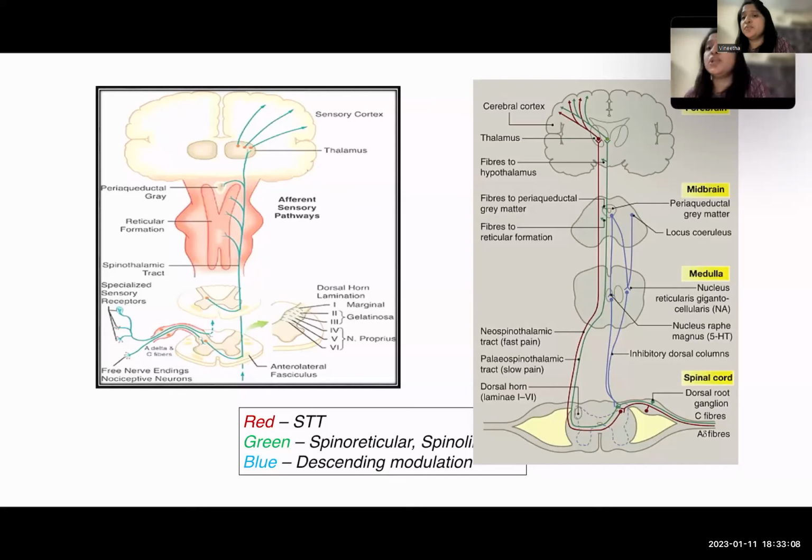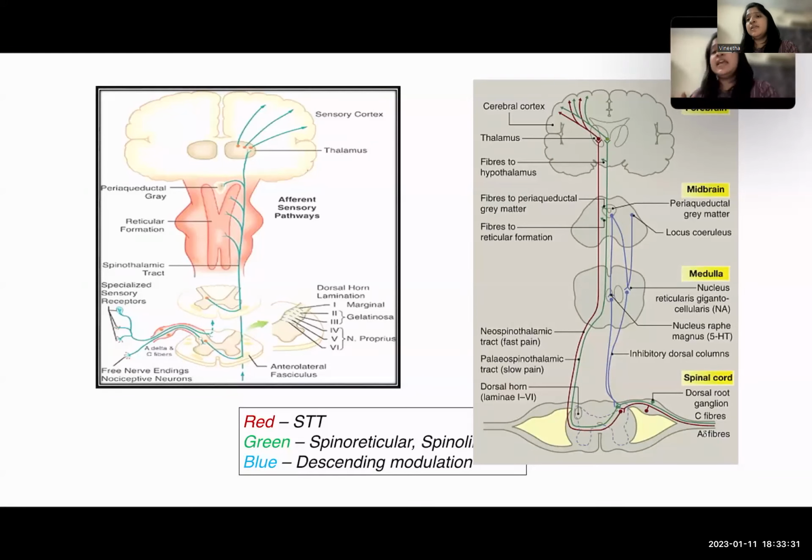Sensitization, correct. So emotional responses, autonomic responses, and the most important word, the only one word you have to remember in the pain pathway and pathophysiology, that is sensitization.